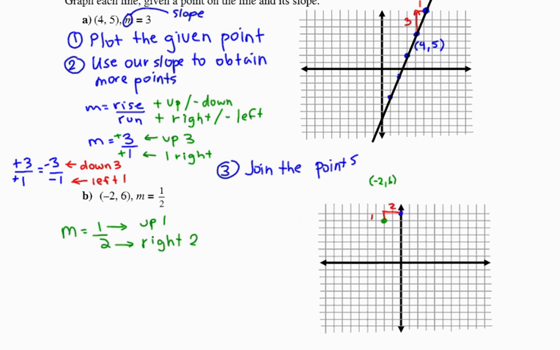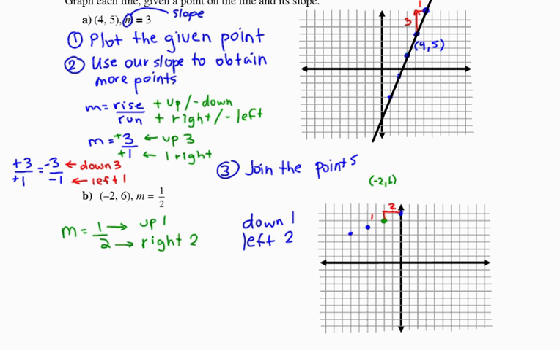Now, if I want to go the other direction, what would we do? Down 1, and left 2. We switch both of them. So down 1, left 2. Now, is that enough to draw a line? Yeah, that's enough to draw a line. If you want it to look really good, you can do some more points.